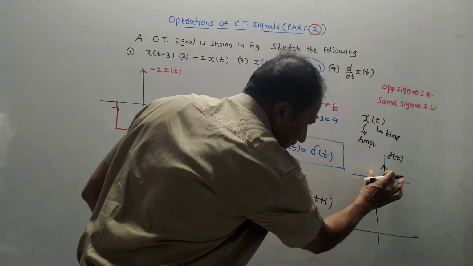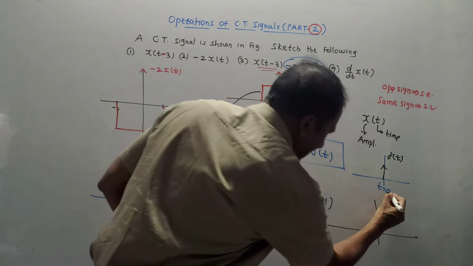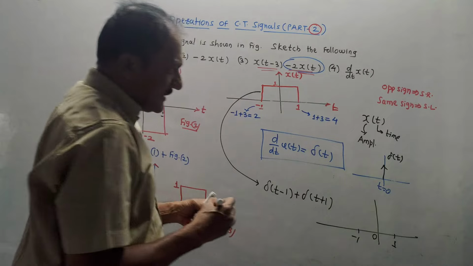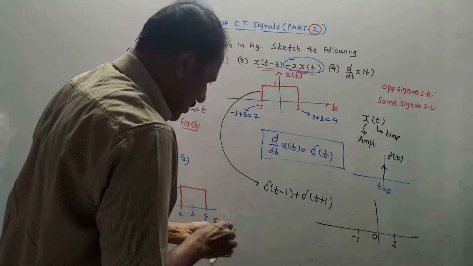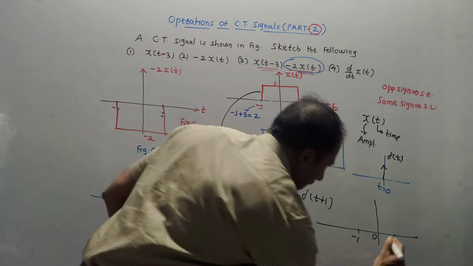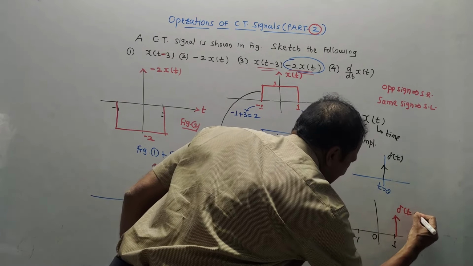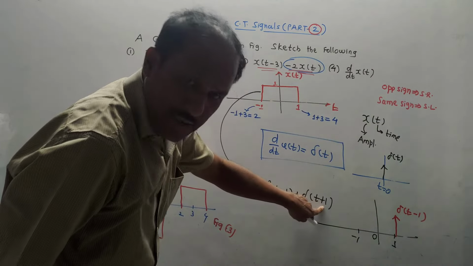That means I have to shift this diagram towards right by one position. So this diagram is present at 0. Let me mark some scales. So this diagram which is present at 0 will be shifted towards right by one position. So new diagram, new arrow will be here. This is for delta t minus 1, first part, and second delta t plus 1.